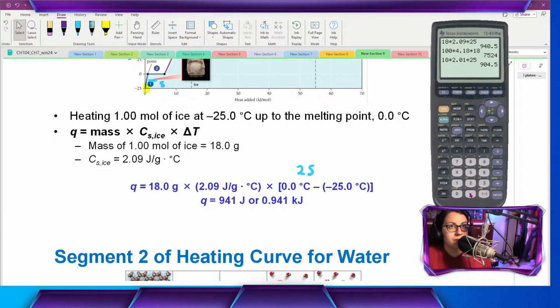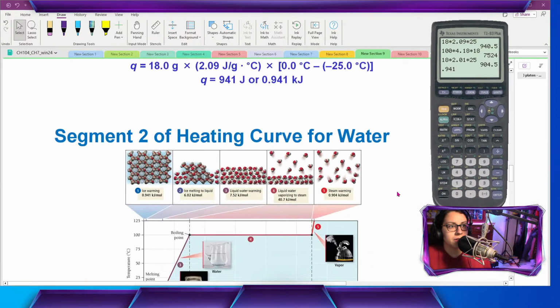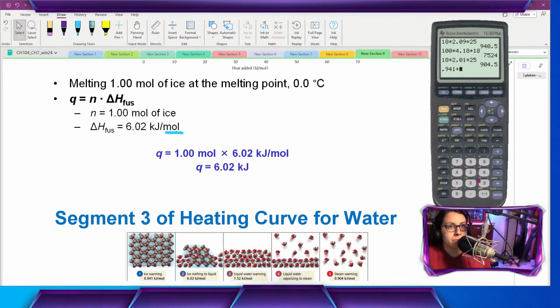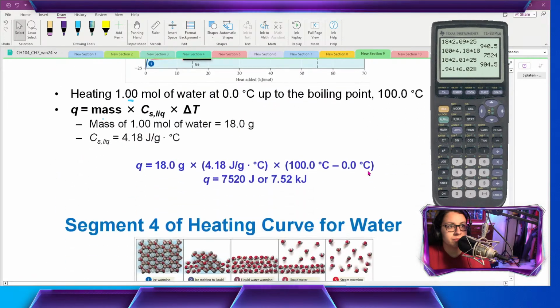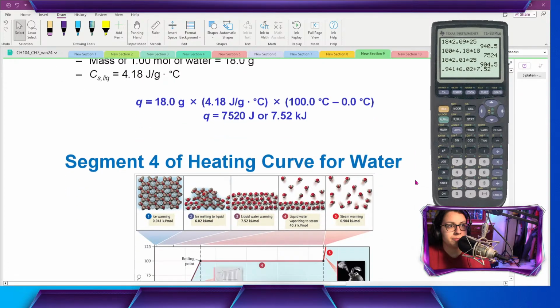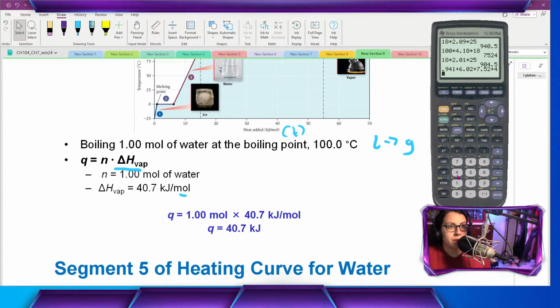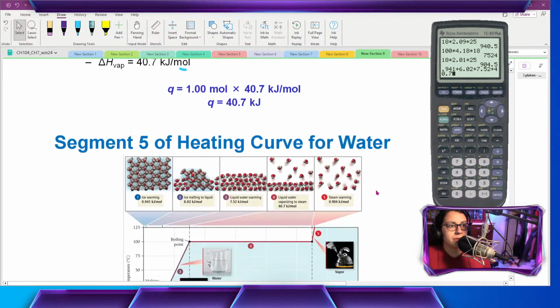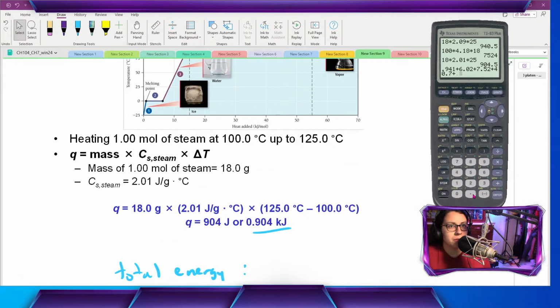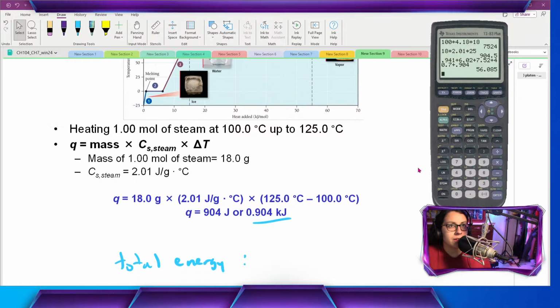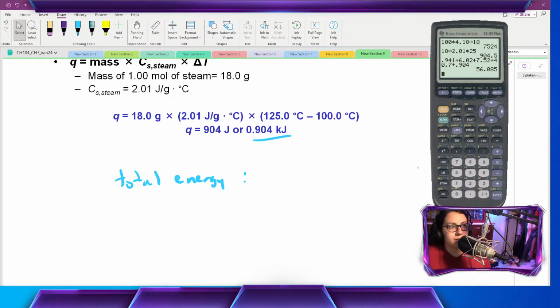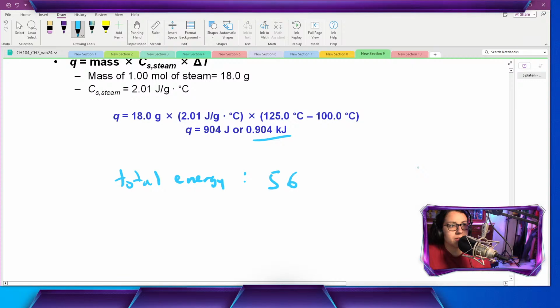I'm going to do this in kilojoules, so 0.941 plus 6.02 plus 7.52 plus 40. Ooh, I'm telling you, that was a big one. Plus 0.904. And so that gives us a total energy of 56 kilojoules for that process.